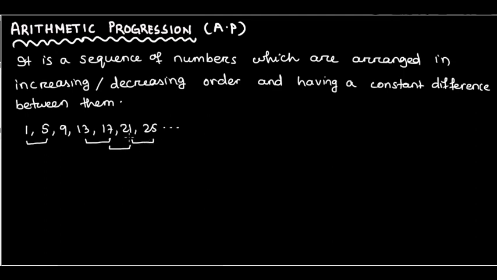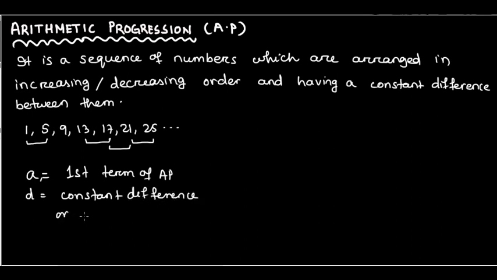So in an AP, or arithmetic progression, we have a series of numbers and there is a constant difference between any two consecutive terms. So in general, I can write that A is the first term of AP, or arithmetic progression, and D is the constant difference, also known as the common difference.